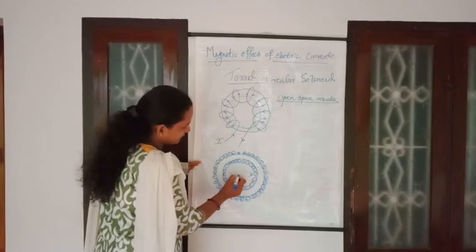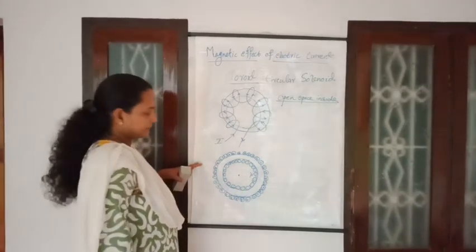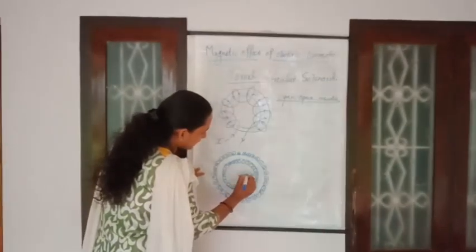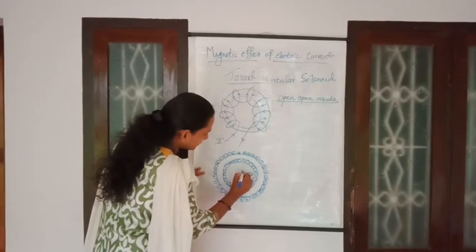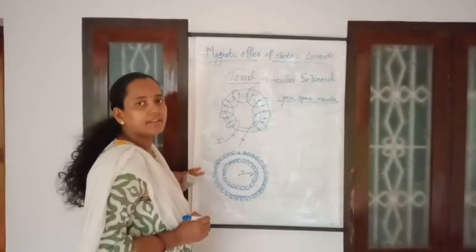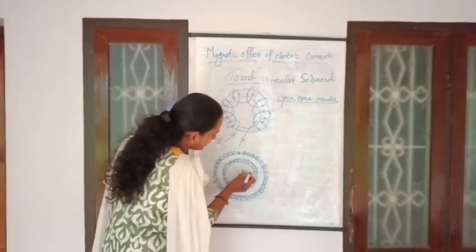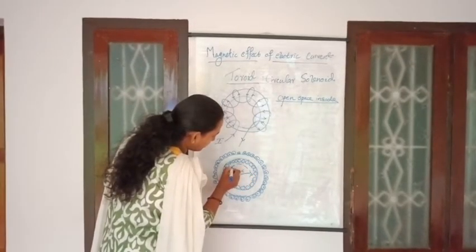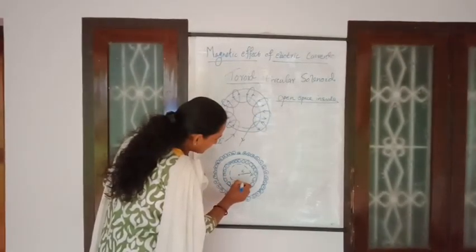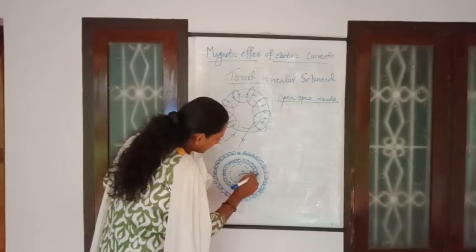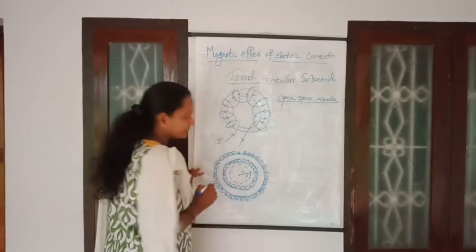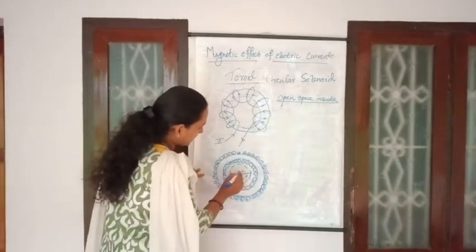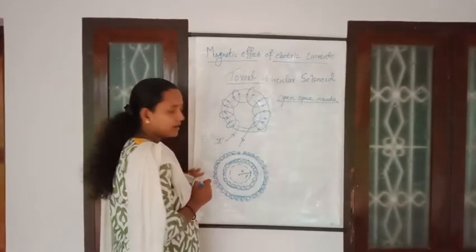So this is the center of the toroid. This point P is at a distance R1 you can take. And then in order to apply Ampere's law, imagine an Amperian loop based on the symmetry, a circular Amperian loop passing through this point P itself.